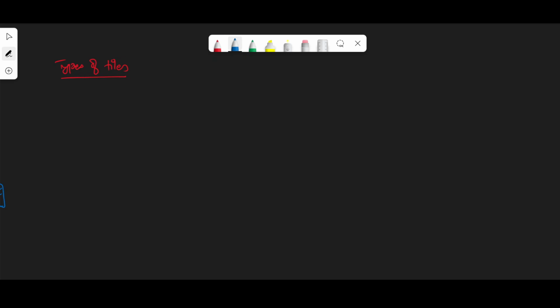So T1 is just a horizontal tile, and you can also rotate it. That is T2. And T3 is, now we come to different types of trominos. So this is one shape, and then you could keep rotating it.